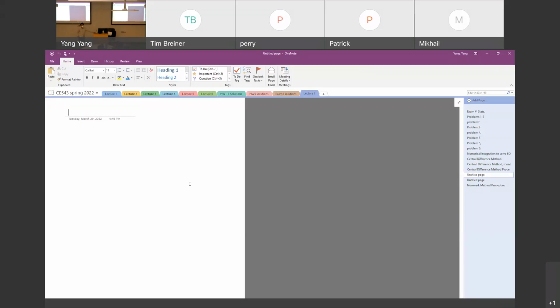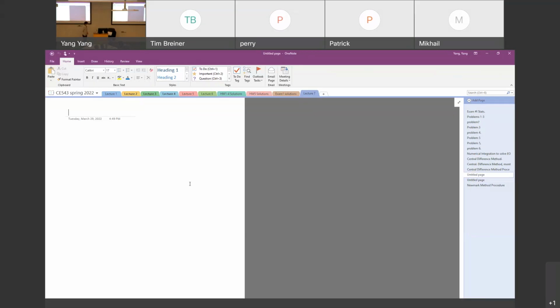For some of you working in the industry, I believe all of you have already heard about the response spectrum. Anytime you do seismic design, you have to use the response spectrum. So we will talk about what the response spectrum is and how we can get it, and that is very important for you to complete your project.